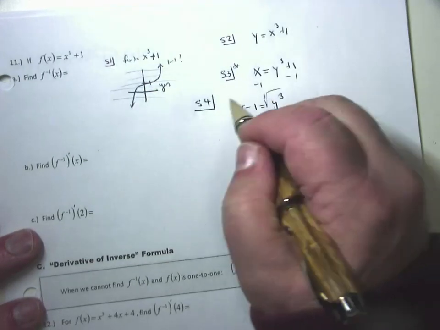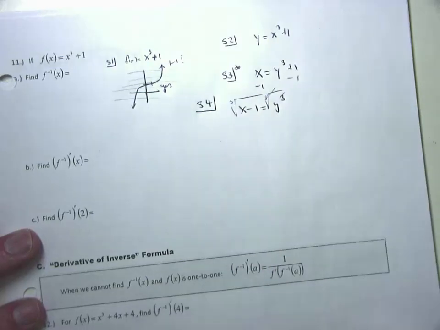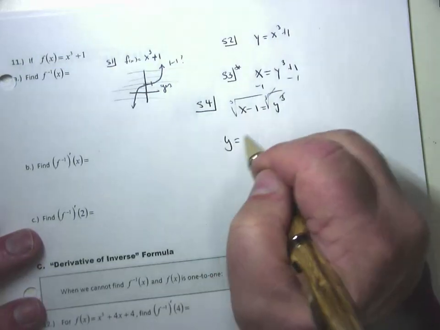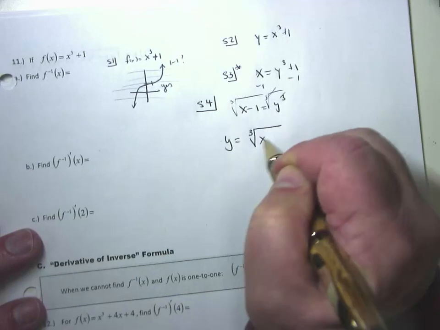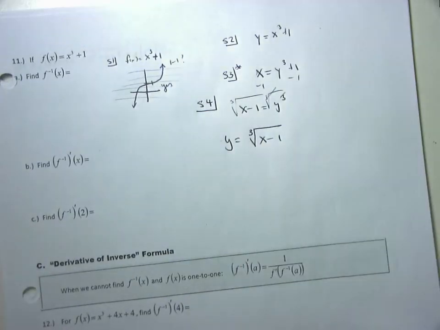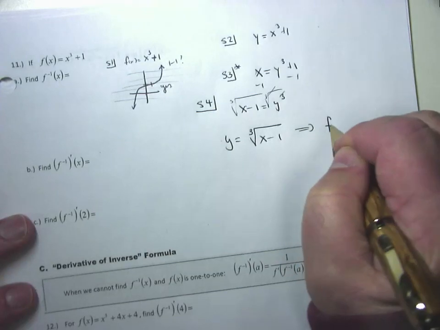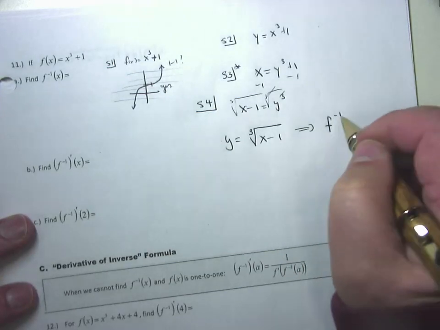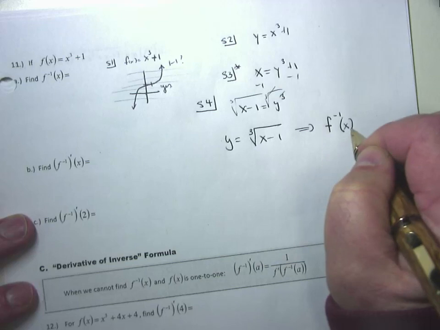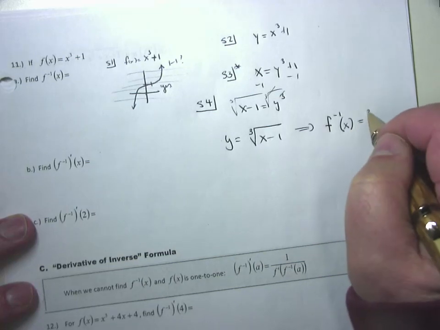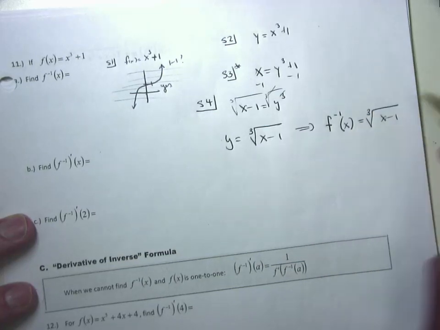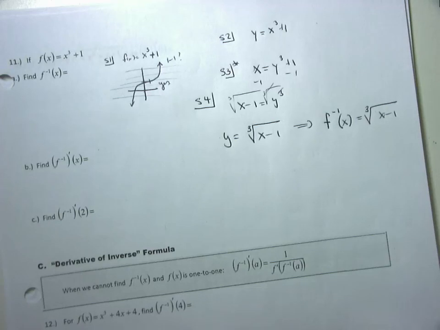Cube and the cube root cancel. I'm left with y equals the cube root of x minus 1. And then the last thing I'm going to do here is replace y with the inverse notation. F inverse of x is equal to the cube root of x minus 1. There's my inverse guy.